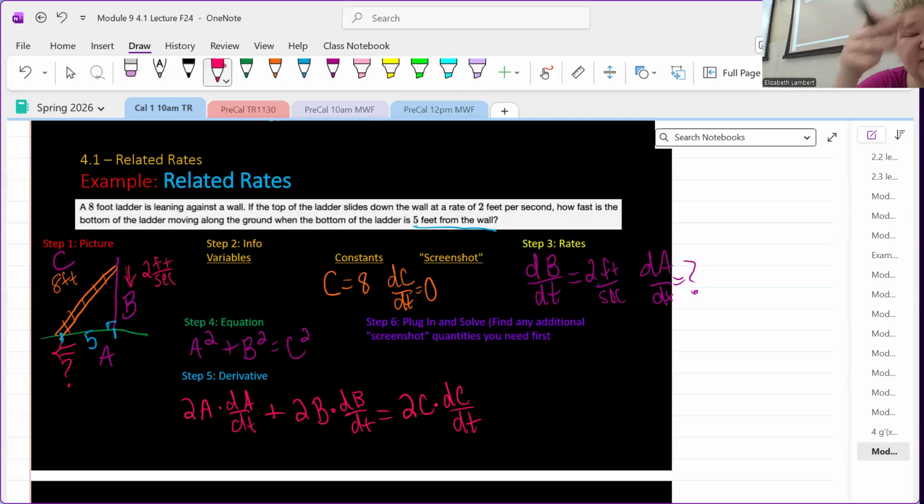So we took our derivative, each one got its own chain rule related rate next to it.